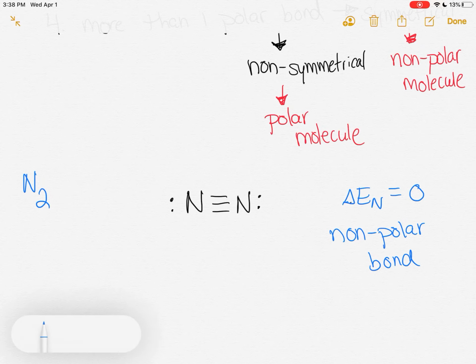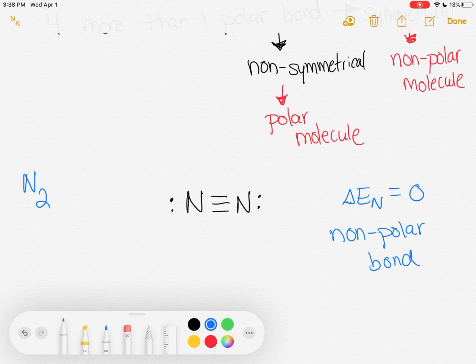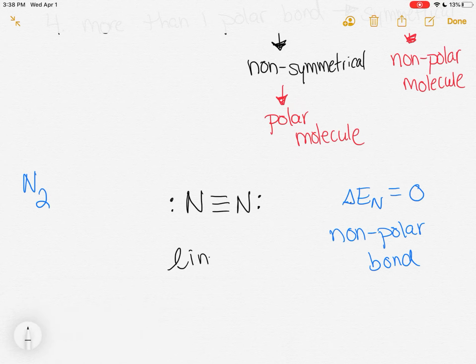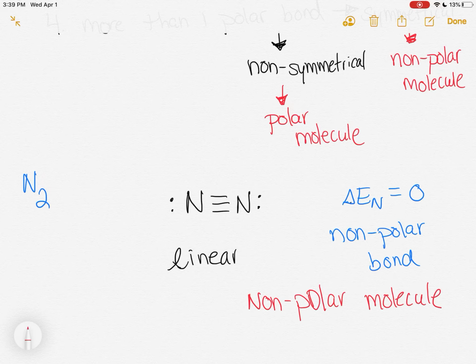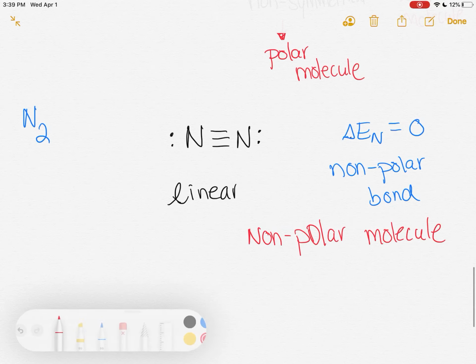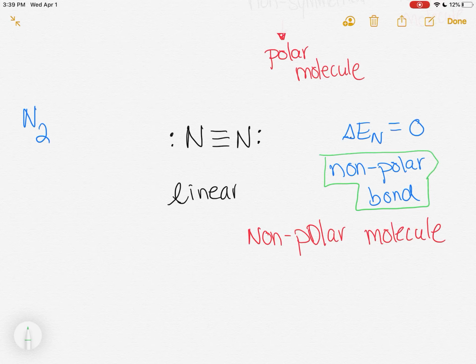Since it's the only bond we have, this is a linear molecule, and since we have no polar bonds, we are going to have a nonpolar molecule.